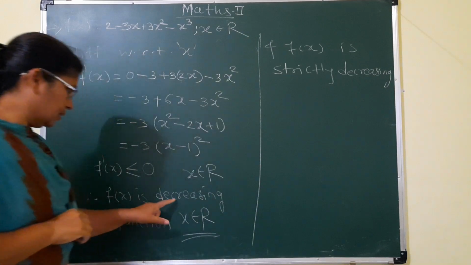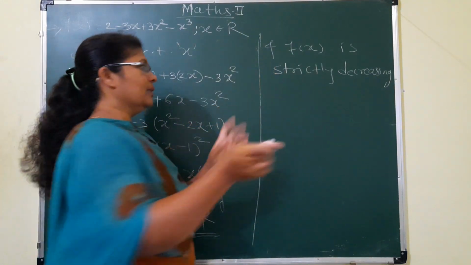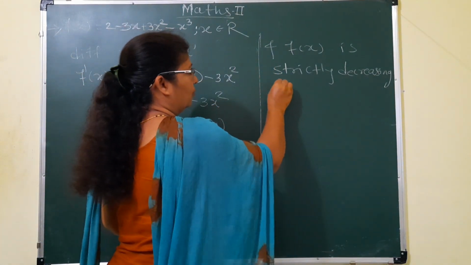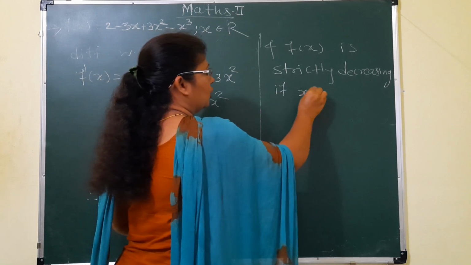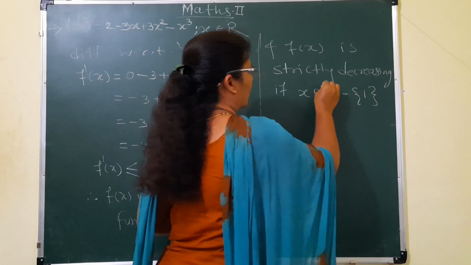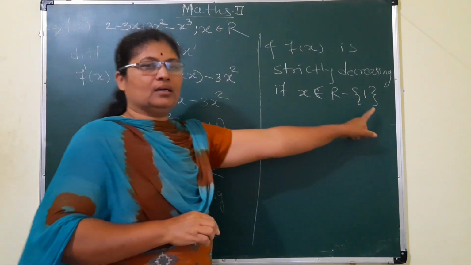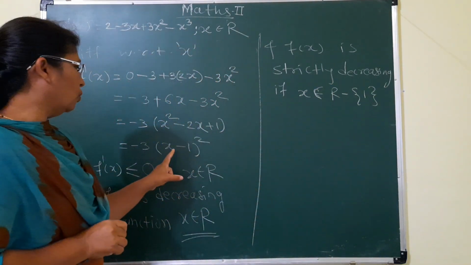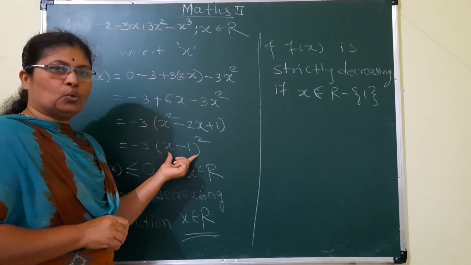Here it is decreasing only, and it is strictly decreasing if x belongs to R minus singleton 1. R minus singleton 1 means if x is equal to 1, this bracket becomes 0.